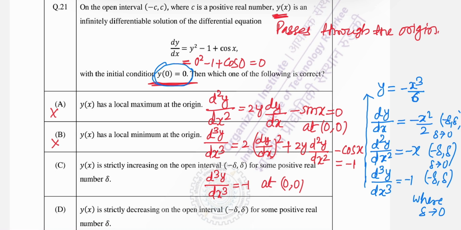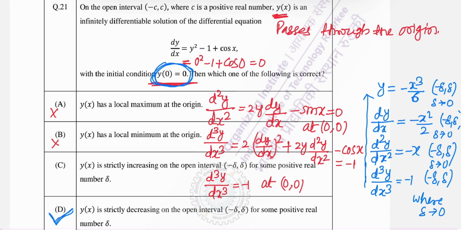This relation says that the graph passes through the origin. Okay, so we get this function in this very small interval, and this function is a monotonically decreasing function, so our option D is correct.